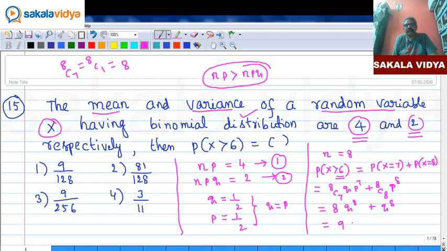So this is 9 q power 8. q is equal to how much? 1 by 2. So this is equal to 9 times 1 by 2 power 8, that is 9 by 256. So the third option is the right option.